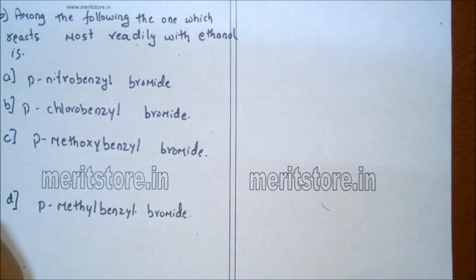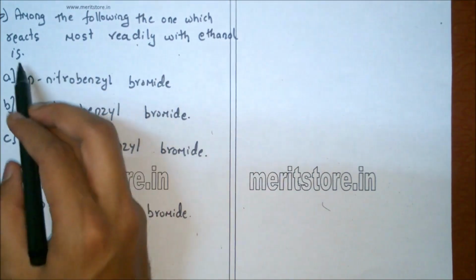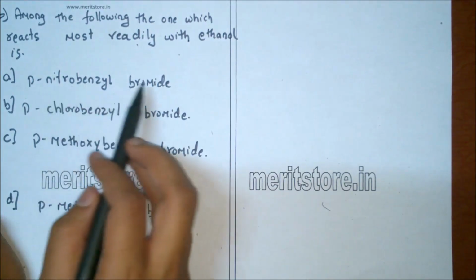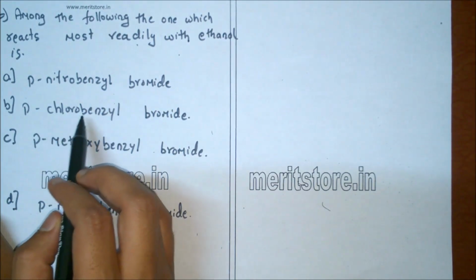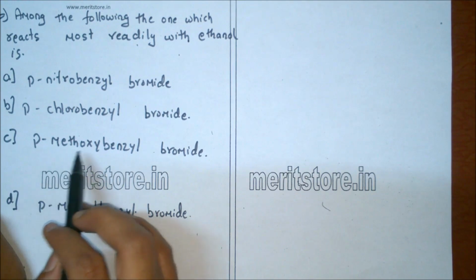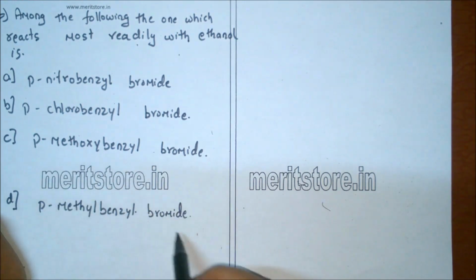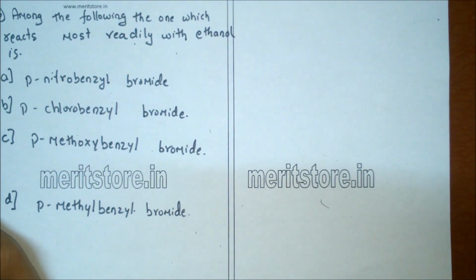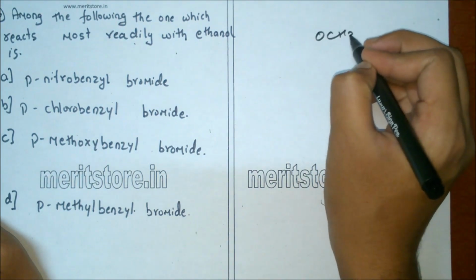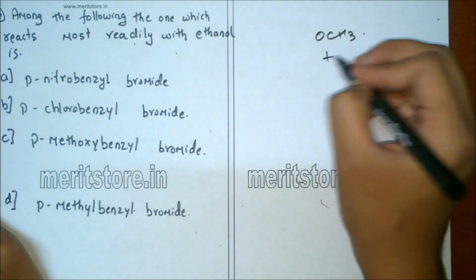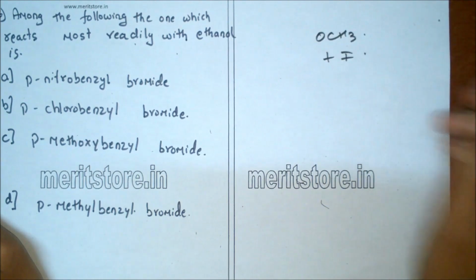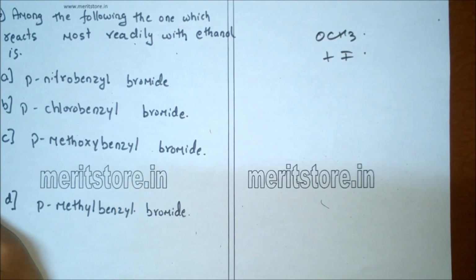Among the following, the one which reacts most readily with ethanol is A. para-nitrobenzyl bromide, B. para-chlorobenzyl bromide, C. para-methoxybenzyl bromide, D. para-methylbenzyl bromide. Due to presence of electron-rich methoxy group, which shows plus R effect at para position, the polarity increases on the C-X bond, by which it becomes more reactive towards nucleophilic attack of ethanol.